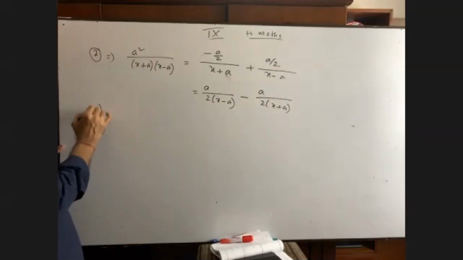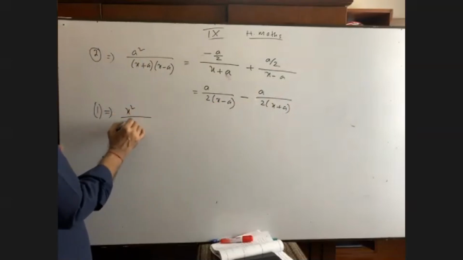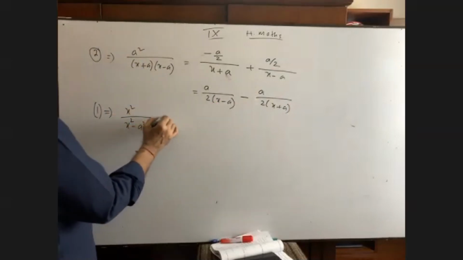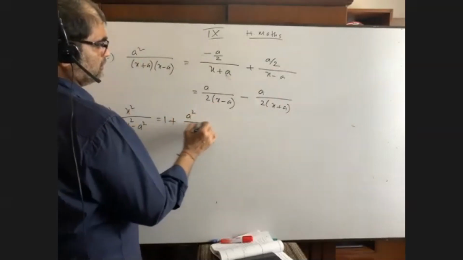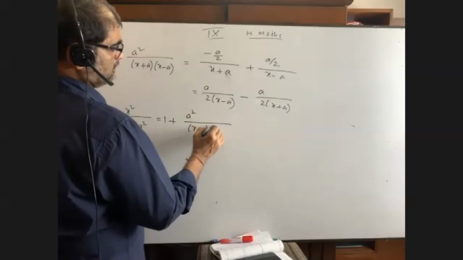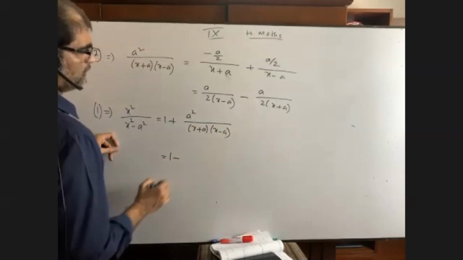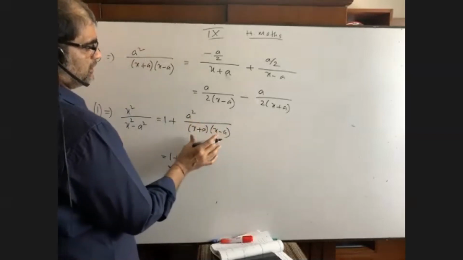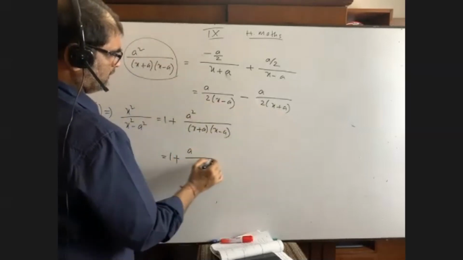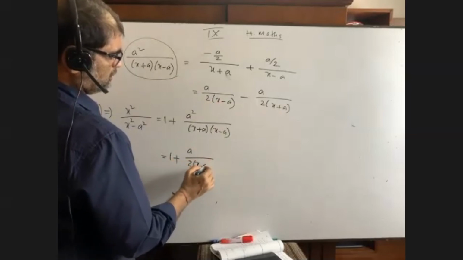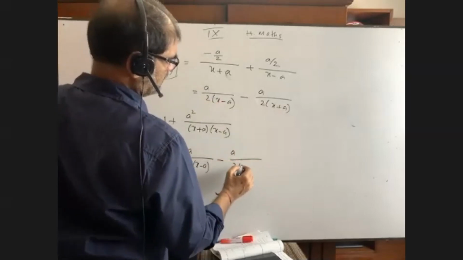So what comes to 1? 1 was x square by x square minus a square is equal to 1 plus a square by x plus a, x minus a. That is 1 plus, what is the value of this part? This part value is this: you put this value a by 2 into x minus a minus a by 2 into x plus a.